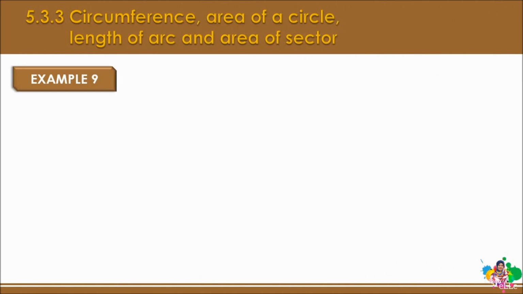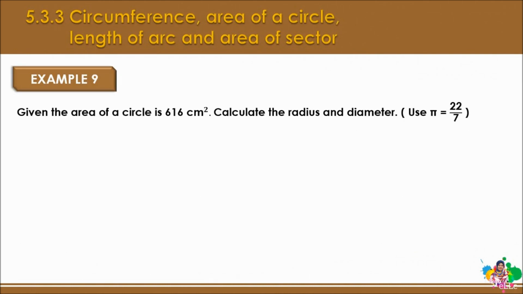Now, in example 9, given the area of circle is 616 centimeter square. This one is the area of circle. Calculate the radius and diameter.